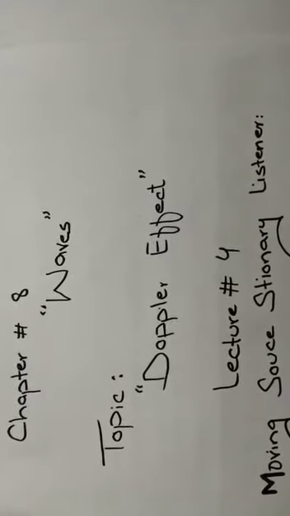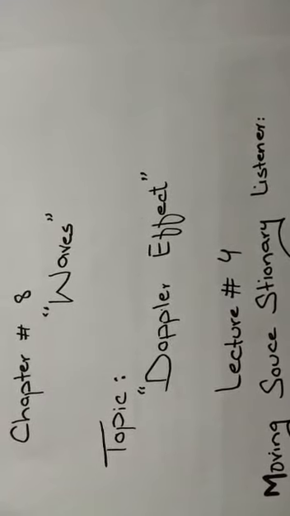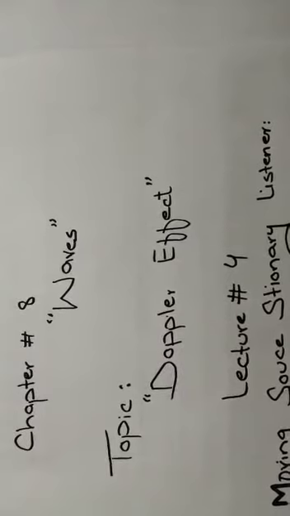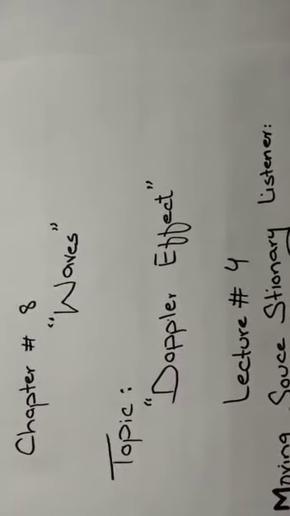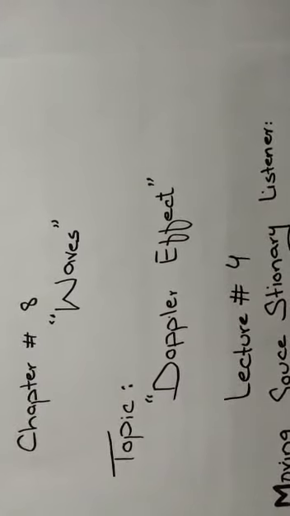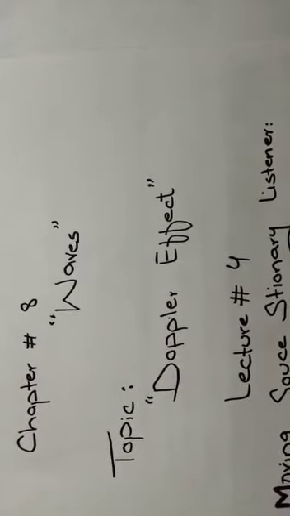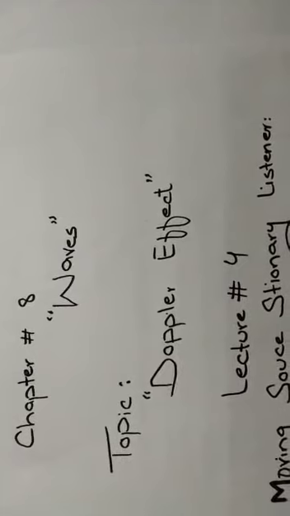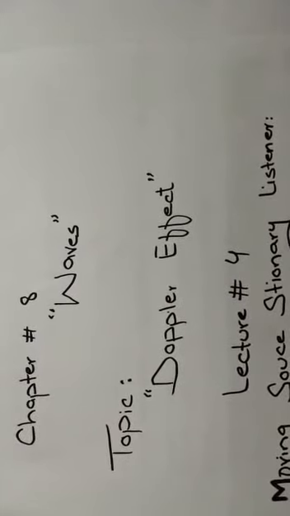In lecture 4, we discussed the introduction of the Doppler effect: when a sounding source moves towards a stationary listener or away from a stationary listener, or a listener moves towards the stationary sounding source or away from it, or both move towards one another or away from one another.